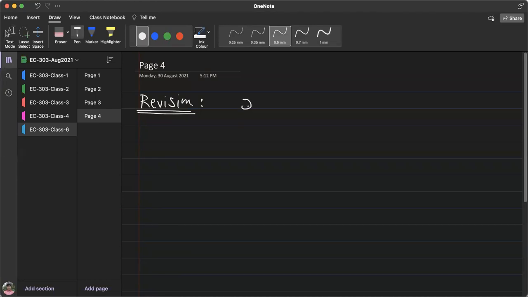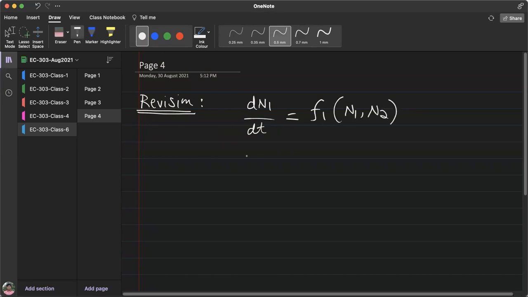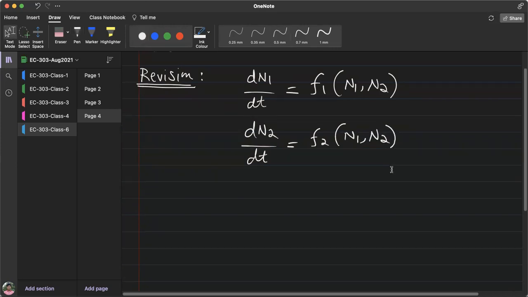If there are two species, N1 and N2, the more general form of two species dynamics will be this, right? Again, we can define the idea of equilibrium here.